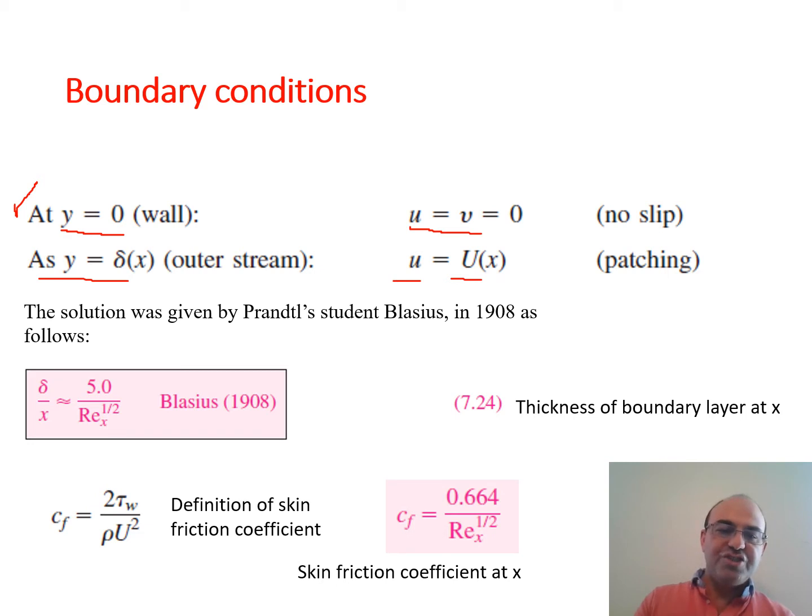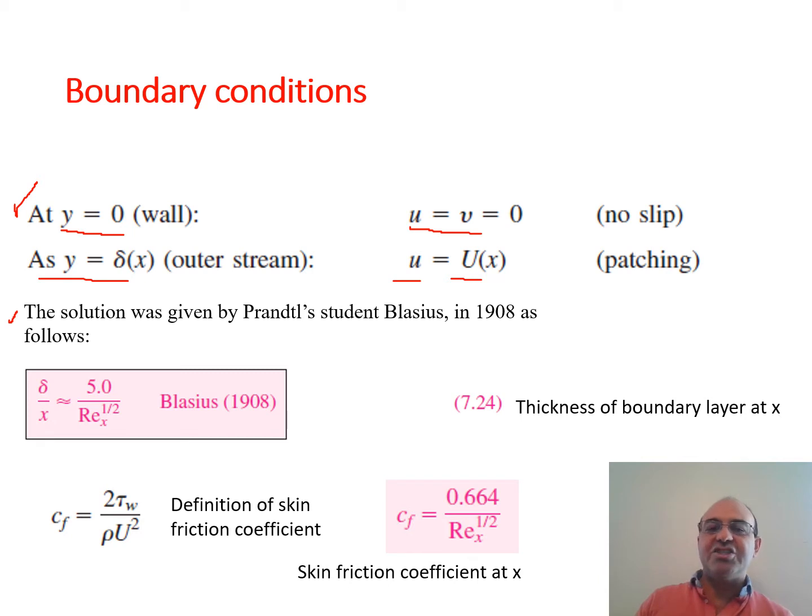The solution for the boundary layer equations in the previous slide was actually found by Prandtl's PhD student, Blasius, in 1908. It was several years after the theory of the boundary layer was proposed by Prandtl that one of his students actually solved the equations mathematically.